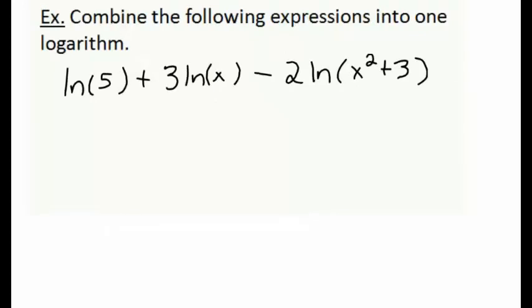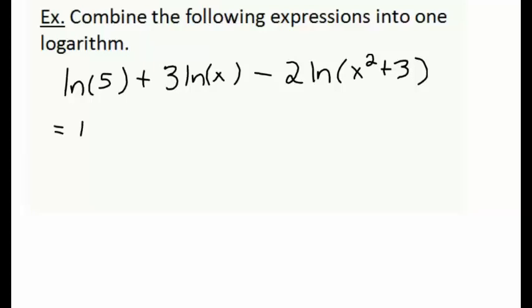In this example, let's use logarithm rules to combine the following three expressions into one logarithm. What we want to do first is we want to see if there are any logarithms that are multiplied by a number out front. Because in order for us to combine into one logarithm, I can't use the addition property here unless these numbers are put back into the powers of our exponential expressions.